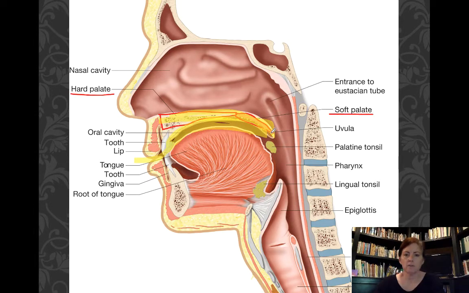And then we've got our little uvula hanging off the back here, which is going to prevent food that enters our oral cavity from taking a little turn up into our nasal cavity, although sometimes it happens. We also have the tongue, which we can see here in cross section.